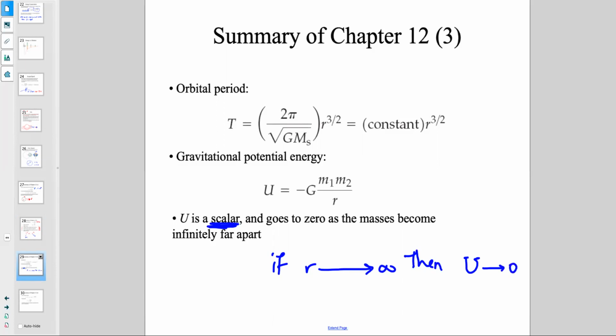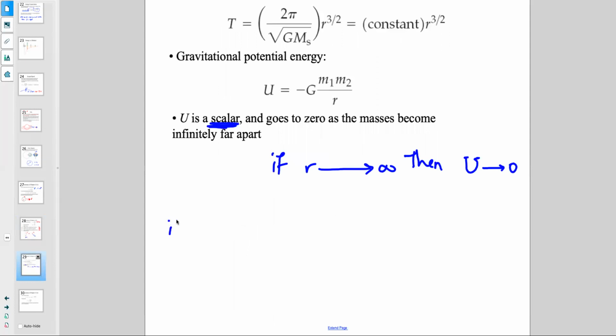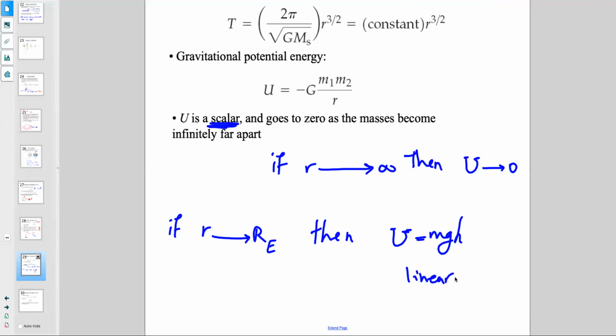If you are close to the surface of the Earth, if r goes to r_E, the radius of the Earth, then U is mgh. This is the linear relationship, okay?